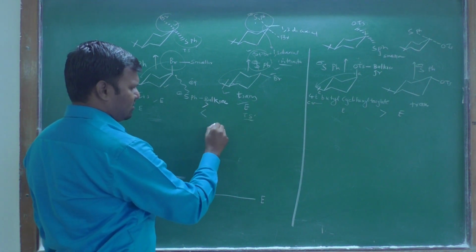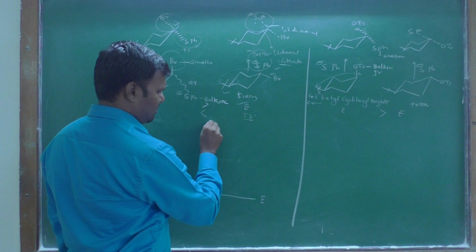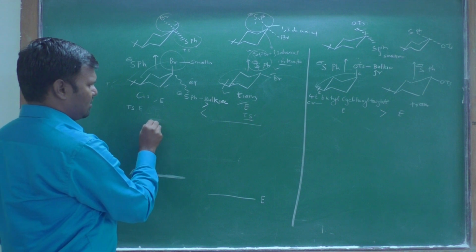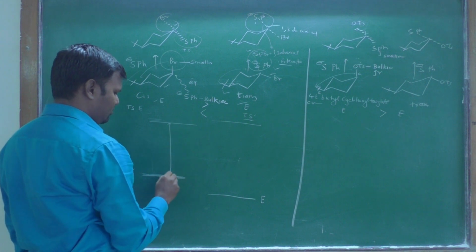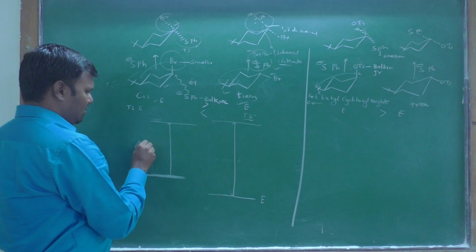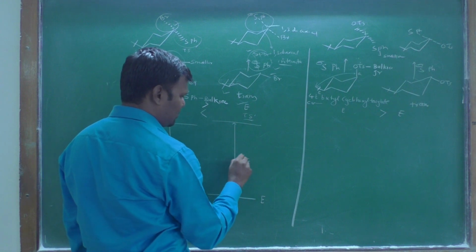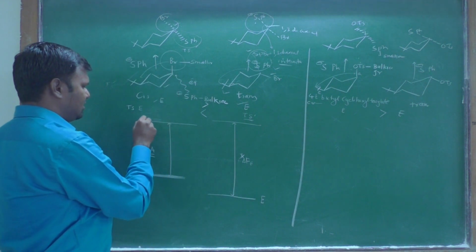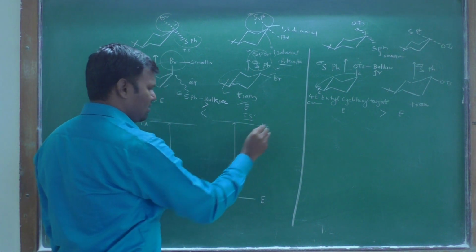The energy is higher for the equatorial one, and for the axial one it is lower. This is the activation energy difference: ΔF‡ for the axial and ΔF‡ for the equatorial. Here, the transition state energies are F_A and F_E.